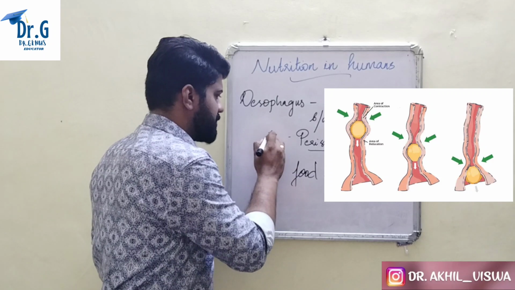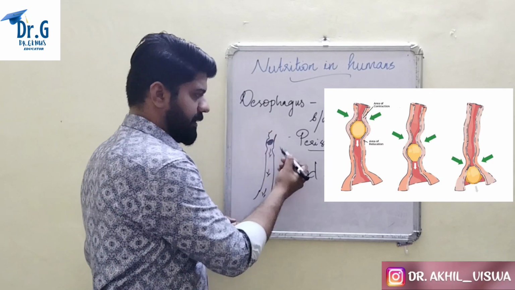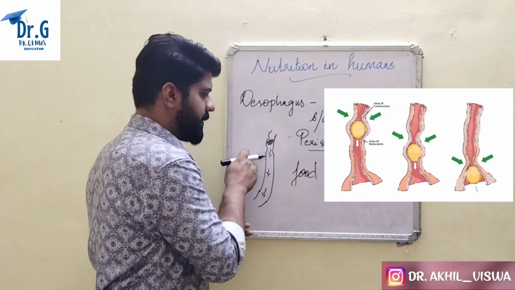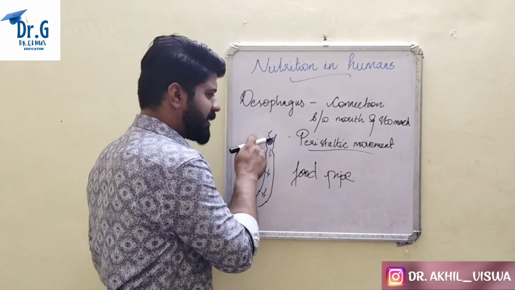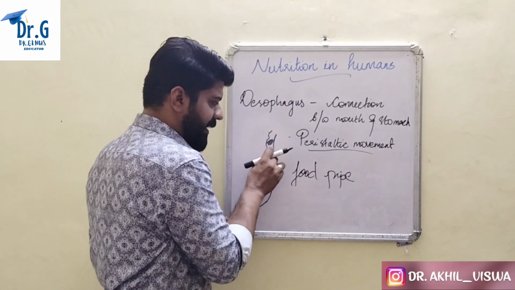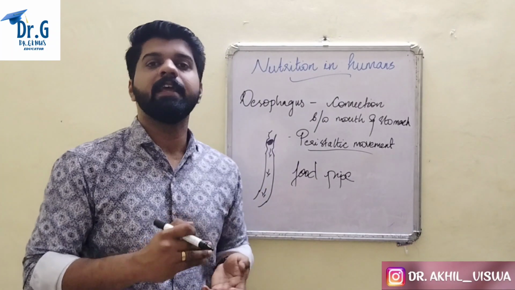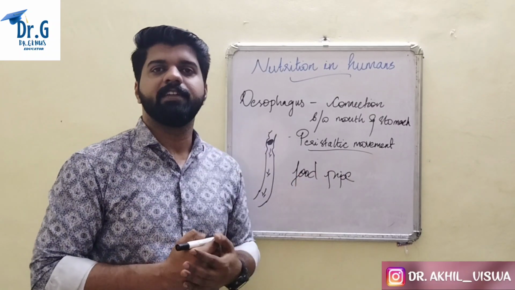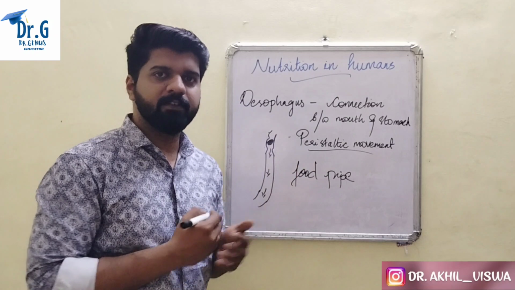Here we can see the food particles and the esophagus. Every time the muscle contracts here, the food moves along. Then again it contracts, and the food moves further. That type of movement with the help of muscle contraction is called peristaltic movement. This is the function of the esophagus. Now, where does the food reach?